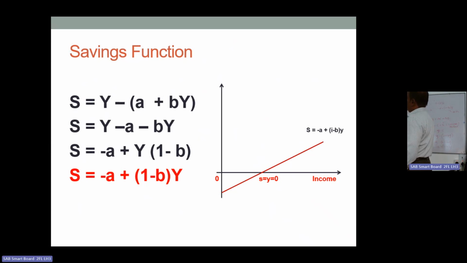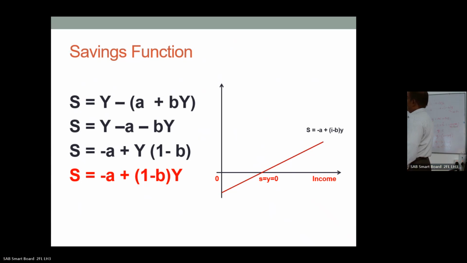It's negative minus A, a negative intercept, right? So when the income level increases, savings also increase. There is a negative savings here, and the positive savings at this point, where savings equal 0.